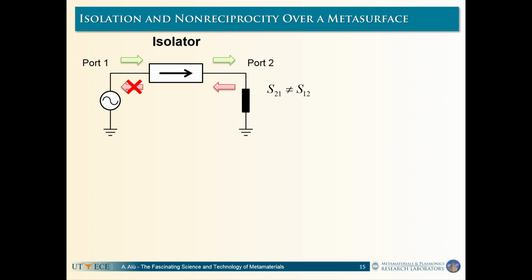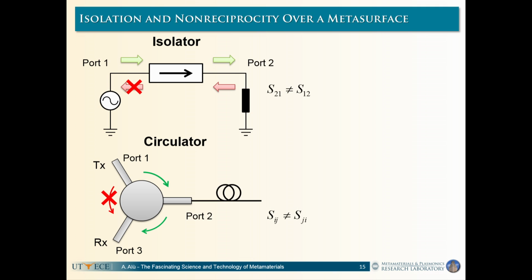The most typical example is the case of an isolator. An isolator is a device that allows me to transmit without having to listen to the echoes, the reflections from the observer. Obviously this is very important for protection of sources, but also to eliminate interference and noise from complex systems. The generalization of that is what is called the circulator.